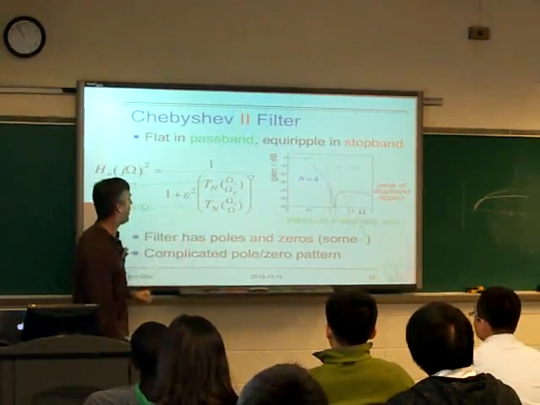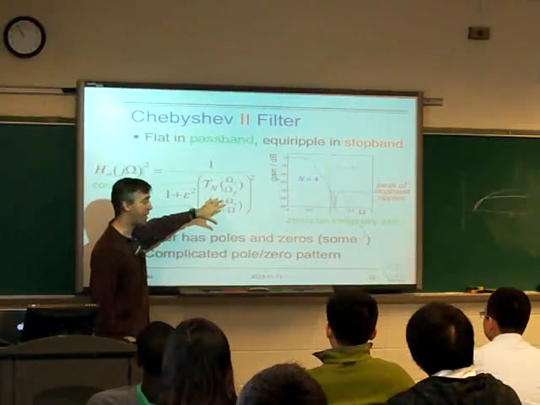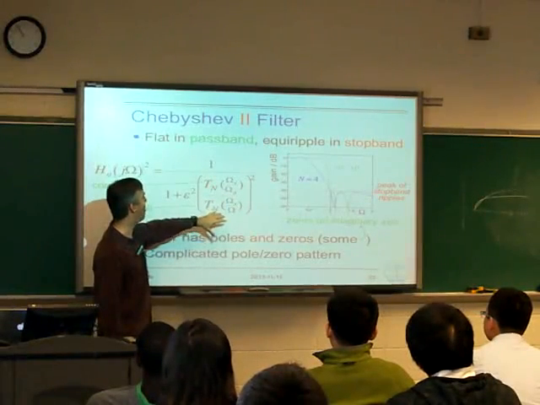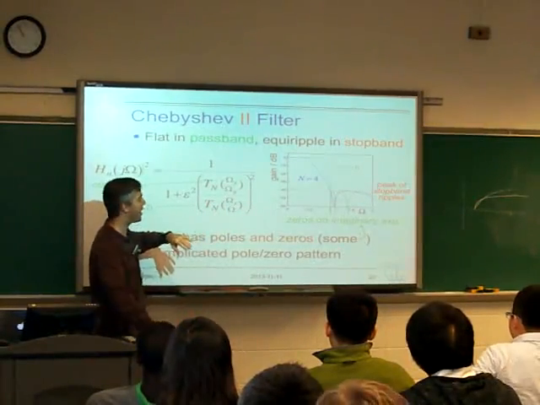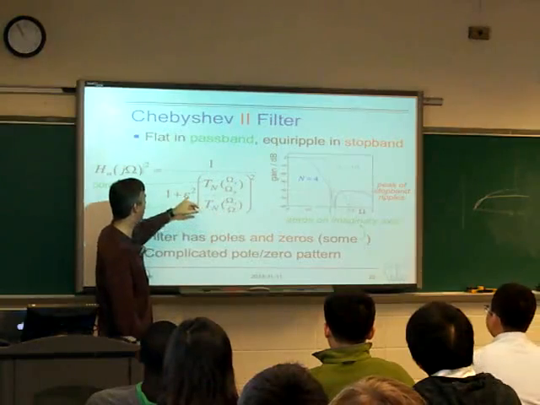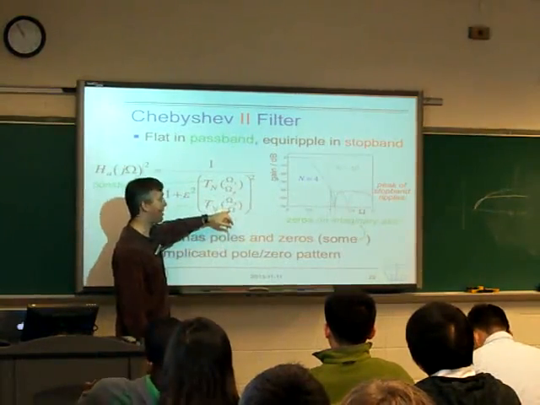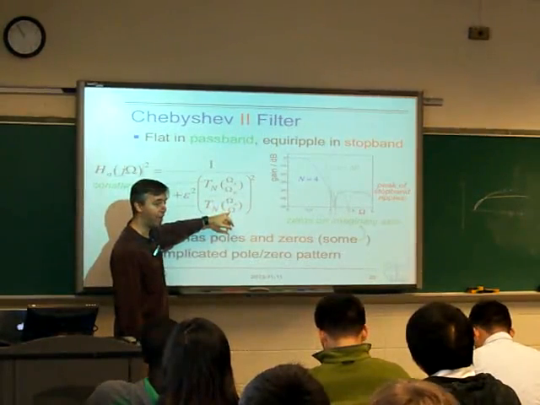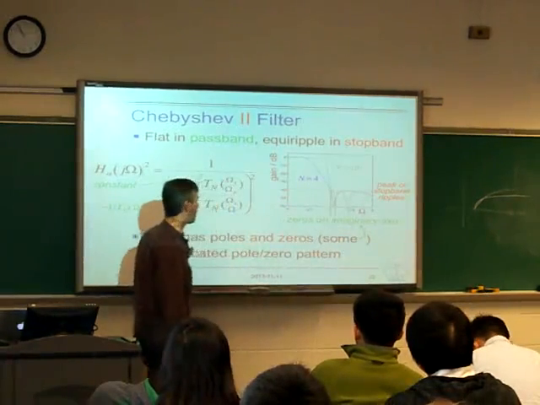If we thought it through, this would do what we want. Now we're using the long monotonic part of the Chebyshev polynomial to give us the flat part in the passband. I'm using the ripples, the part where omega is smaller than 1, to give us ripples in the stopband like this.